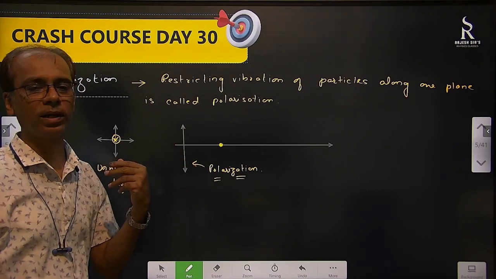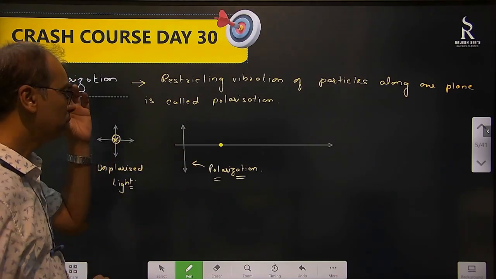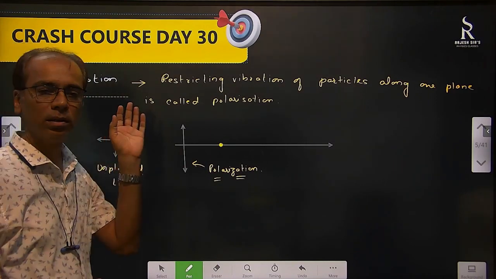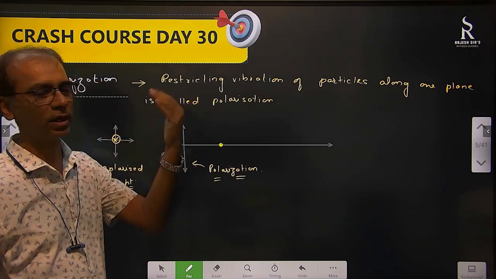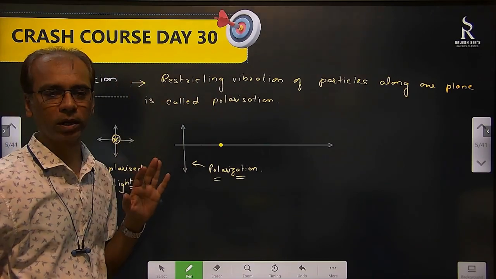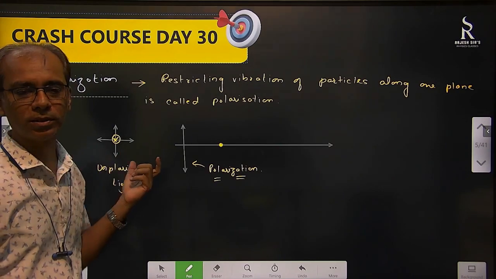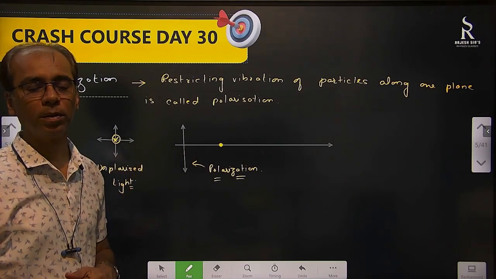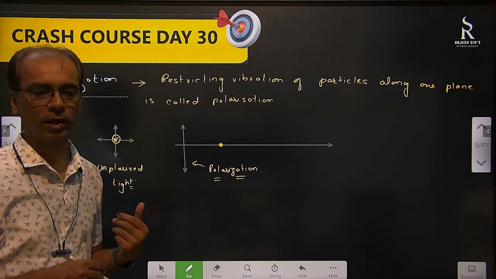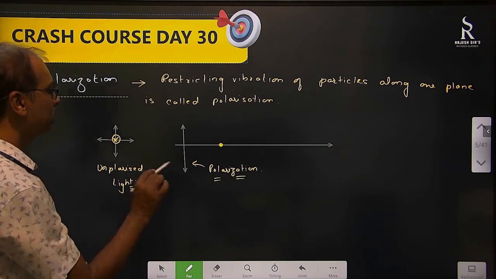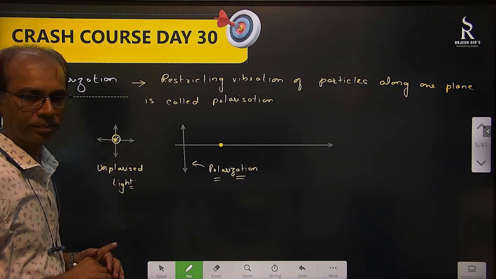The intensity of light gets decreased, so they can see properly even in sunlight. Normally when the sunlight comes, we tend to block it because we cannot see properly. But when you use polarized glasses, you are able to decrease the intensity or glare coming into your eyes. So polarization is basically making the particles vibrate along one plane.